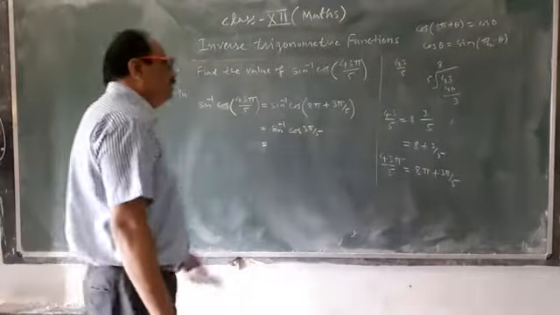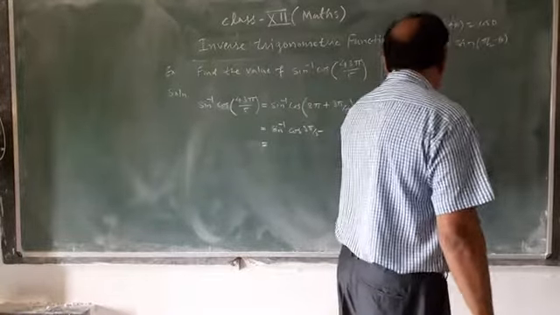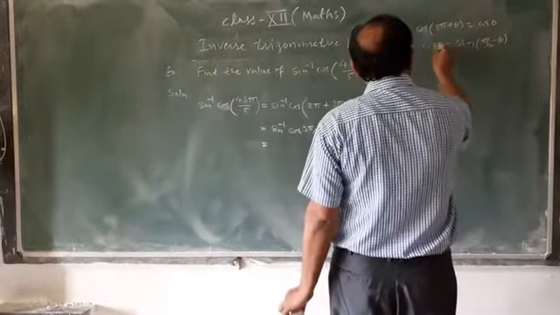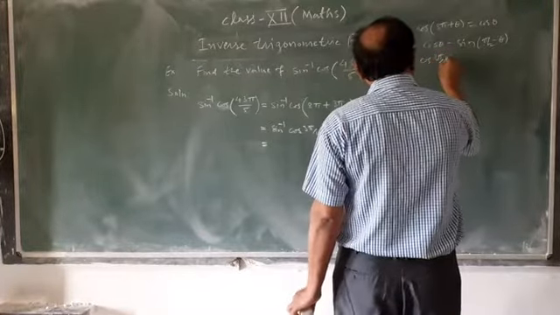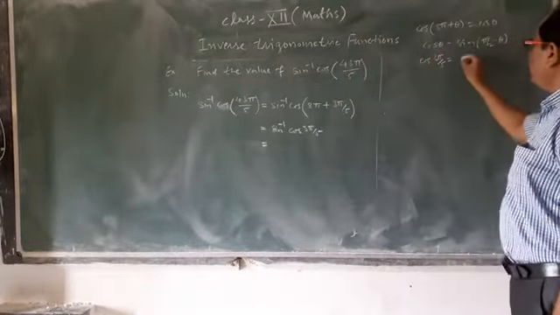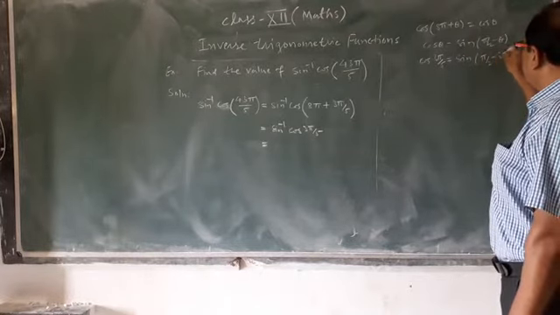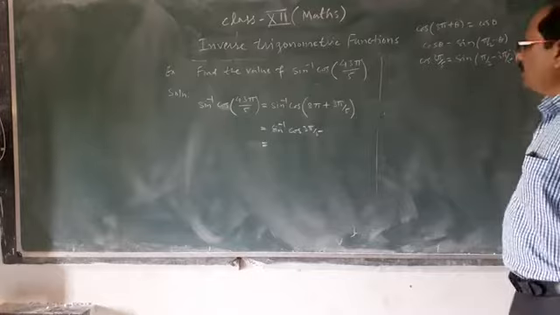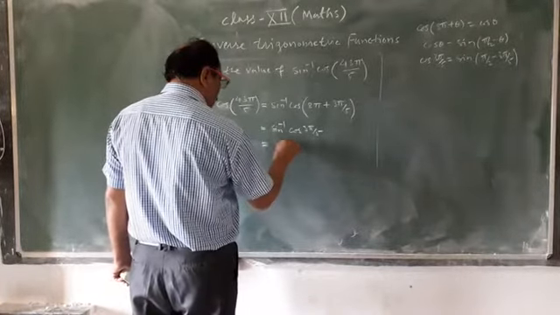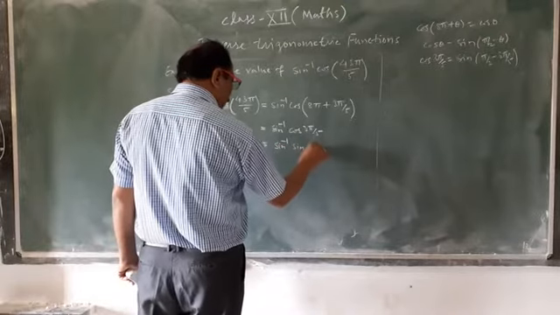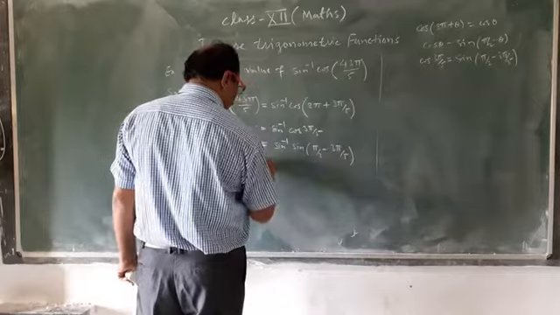Means here cos 3 pi upon 5 is equal to sin of pi by 2 minus 3 pi upon 5. Therefore we write sin inverse of sin of pi by 2 minus 3 pi upon 5.